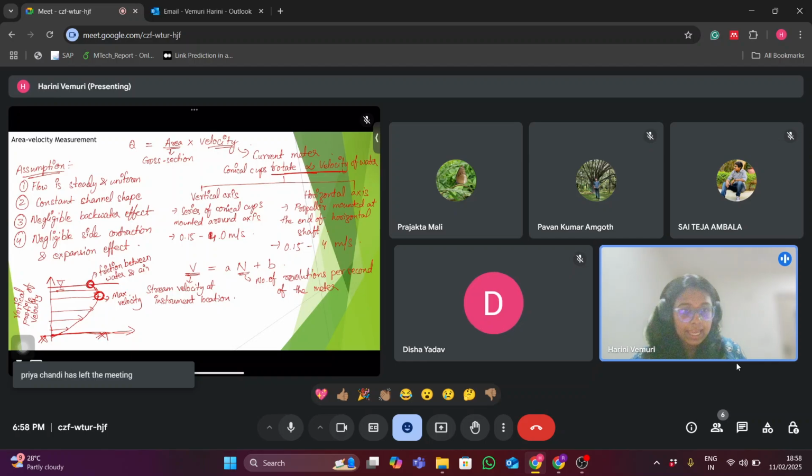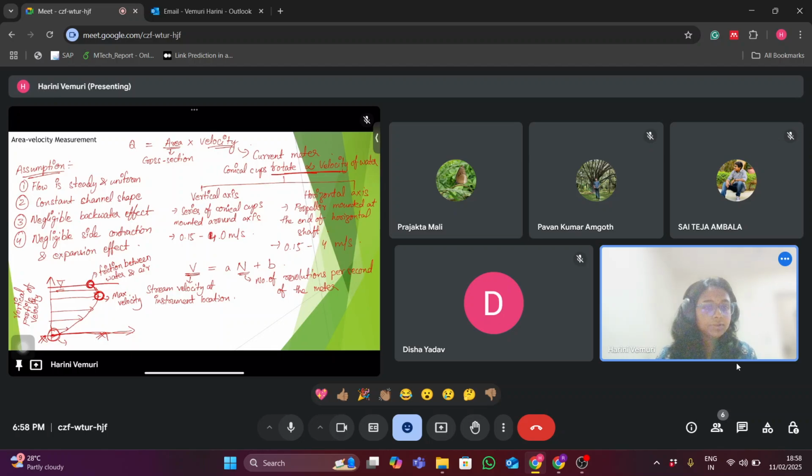So we see slightly less velocity on the surface of the river. And at the bottom of the river, we see the lowest velocity due to drag between the water and the rough ground surface. Okay.